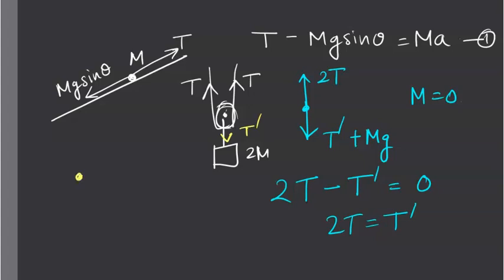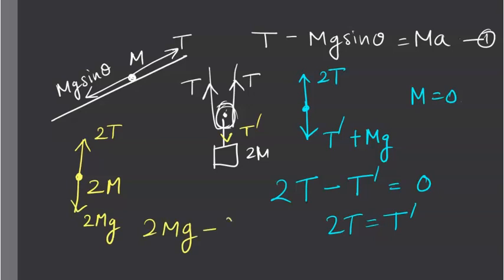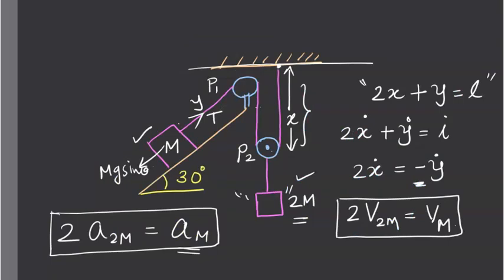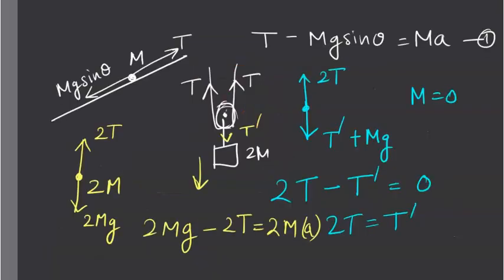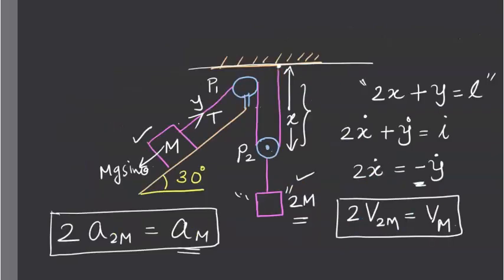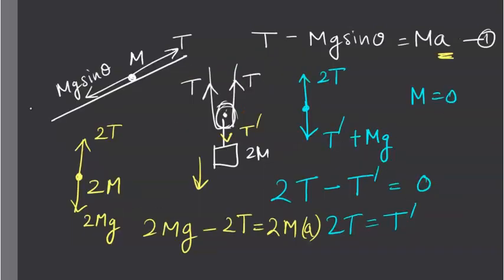If I draw the free body diagram of the 2m mass, the upward force is 2T and the downward force is 2mg. So 2mg minus 2T, if the total acceleration is downward, is equal to 2m into a. Here we have taken a as the acceleration of mass m.